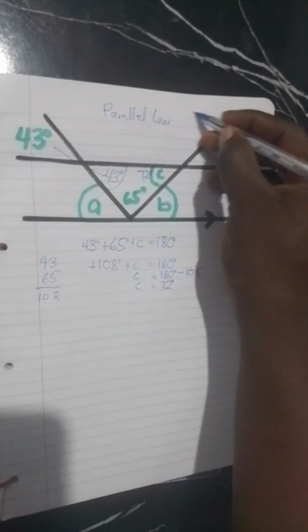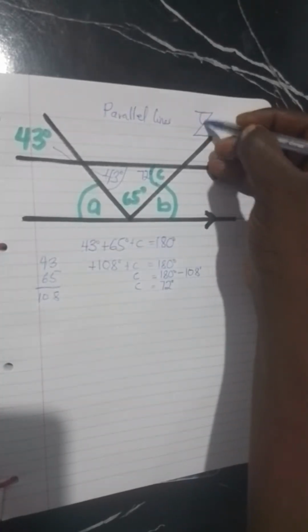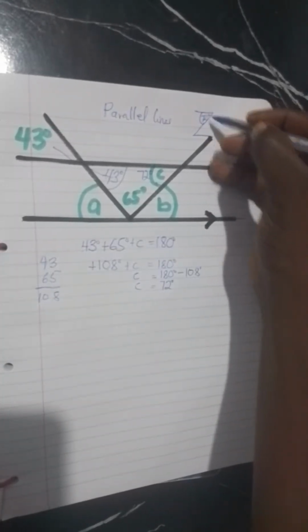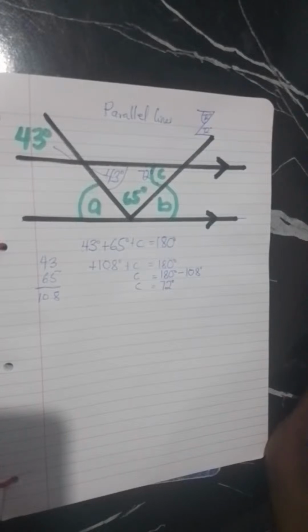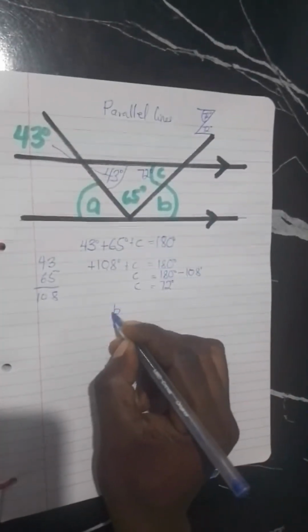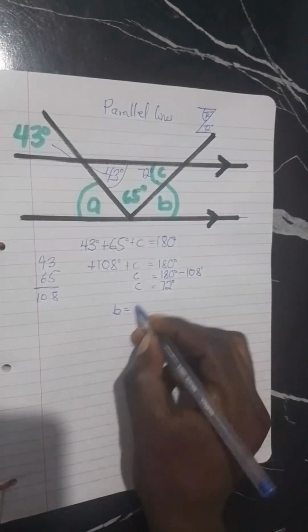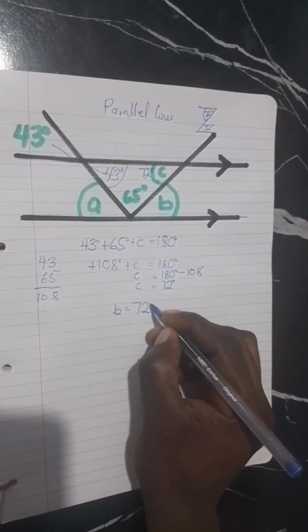Alternate angles are the same. It's like Z angles. So here is 72 degrees, and the angle here is also 72. We call that under geometry alternate angles or Z angles. So B is equal to 72 degrees.